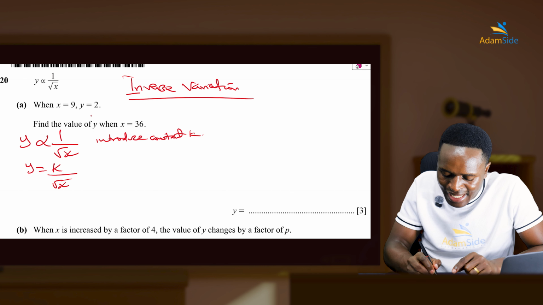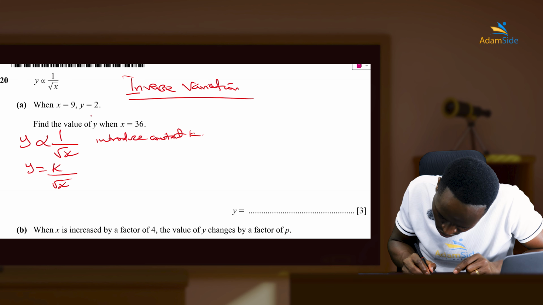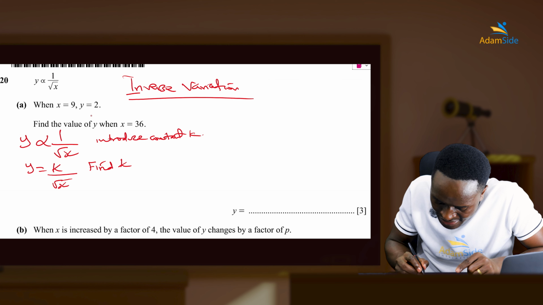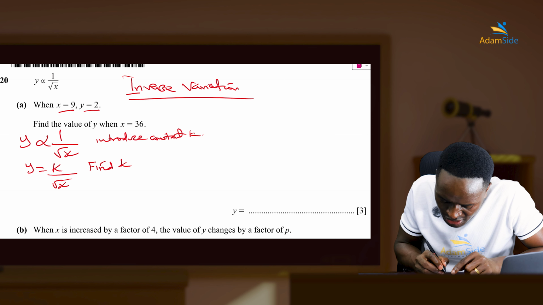Correct. When x is 9, y is 2. So we need to find k, which is the value of the constant. When x is 9 and y is 2, put it in the formula.